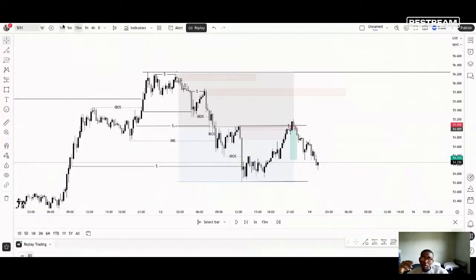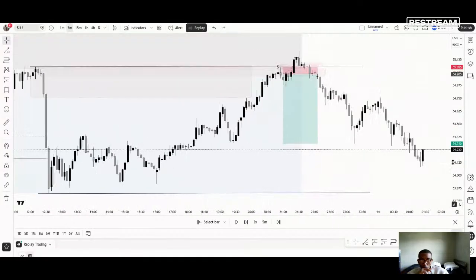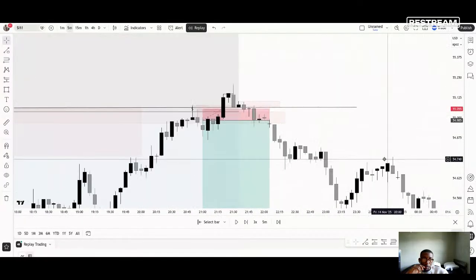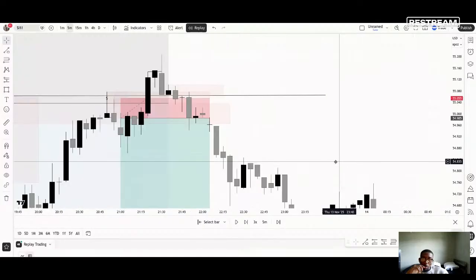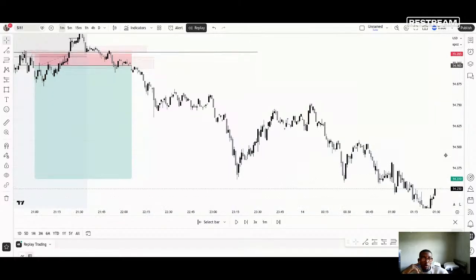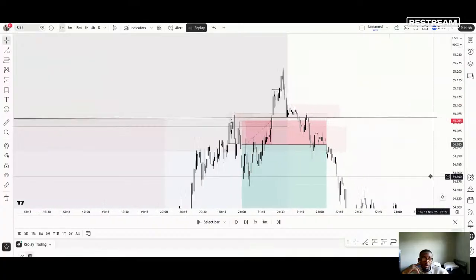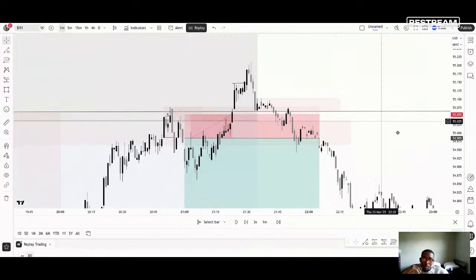I just need to screenshot it right quick. Excuse me. But yeah, liquidity is the key. Literally, I got stopped out because of liquidity. Guess what? After that liquidity, price ran to my, well, it didn't run to my take profit, but it would have hit my TP.